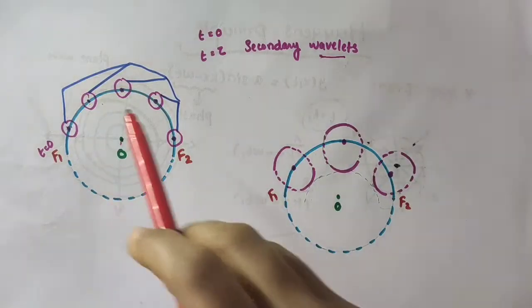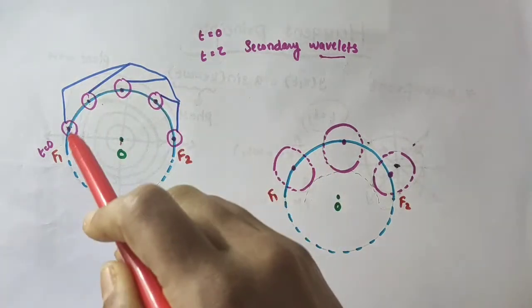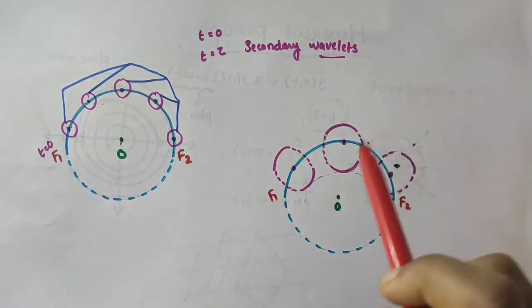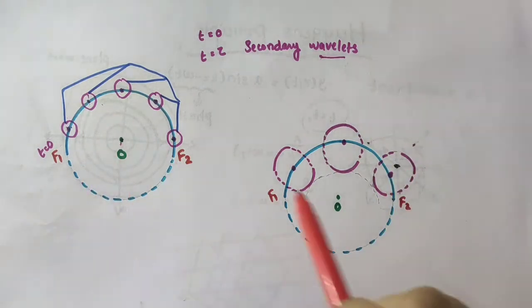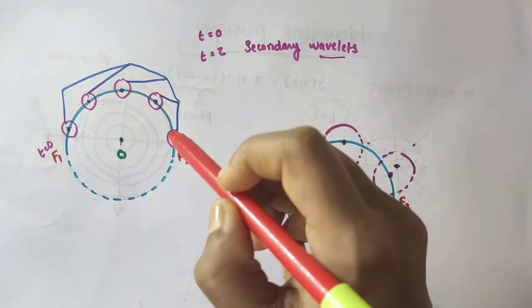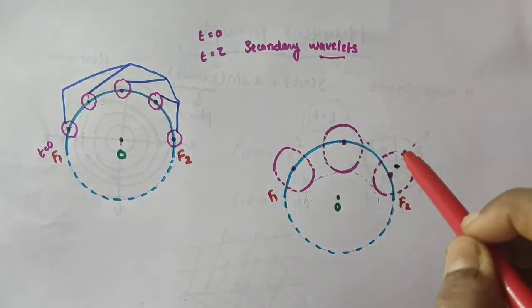Now, you see both these figures are the same. I have just drawn the secondary wavelets quite bigger here. That's the only difference between this figure and this figure. These two are the same figures. These were the secondary wavelets; I have just drawn those secondary wavelets quite bigger here.